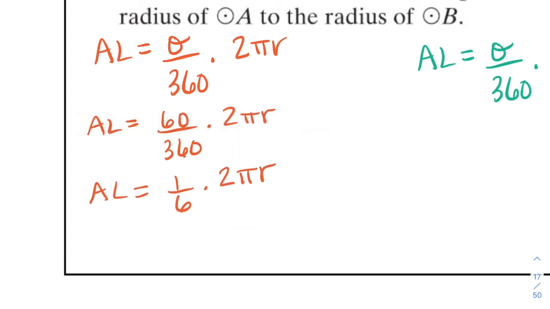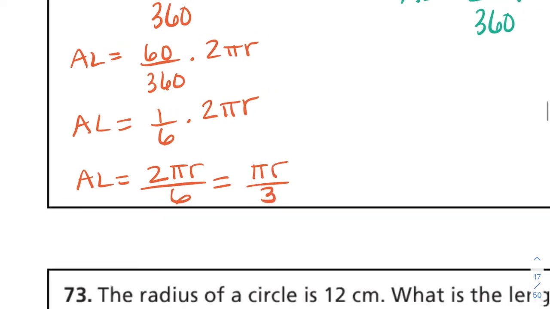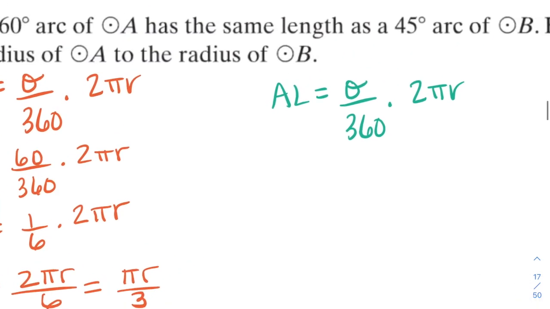But I know that AL for this one is equal to AL for that one because they have the same arc length. So arc length is equal to 1/6 of 2 pi r over 6, which is equal to pi r over 3. So that's one of the arc lengths. I don't know the radius yet.